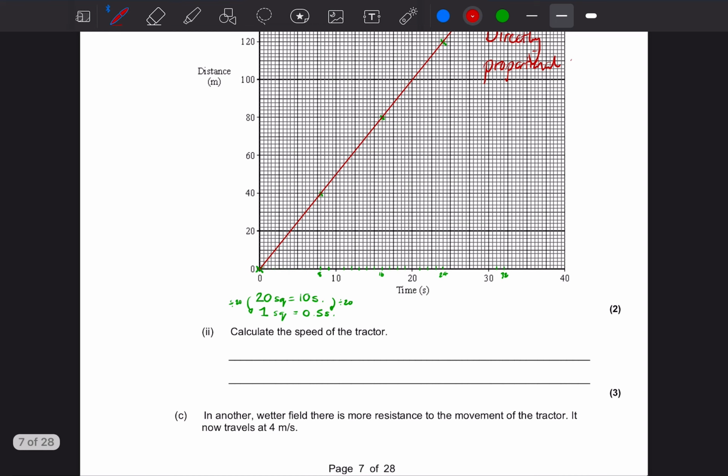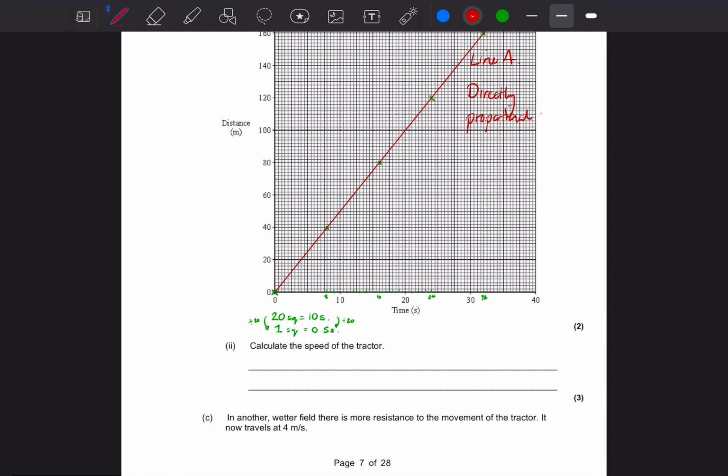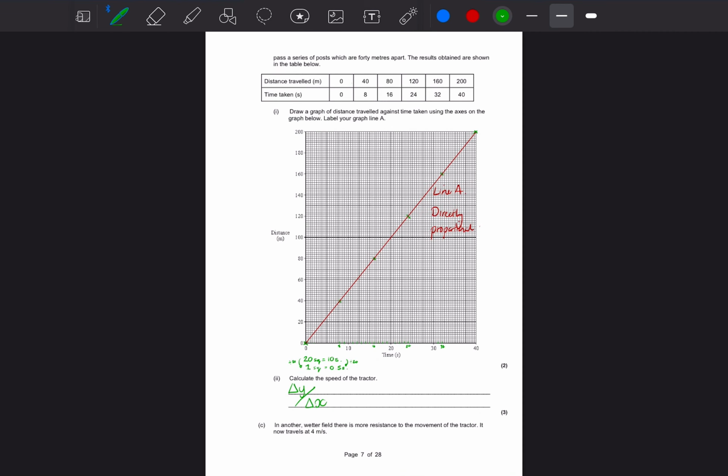So it's directly proportional. It now wants us to calculate the speed of the tractor. So in order to calculate the speed of anything, you have to just find out the gradient of the line on a distance time graph. So the gradient of the line is going to be the change in y divided by your change in x. So we do the biggest right angle triangle possible, which is here and here.